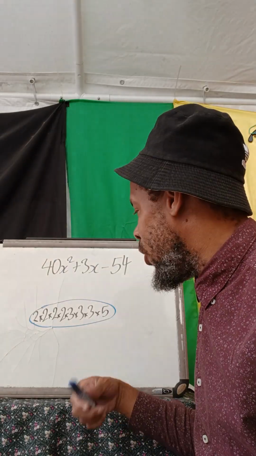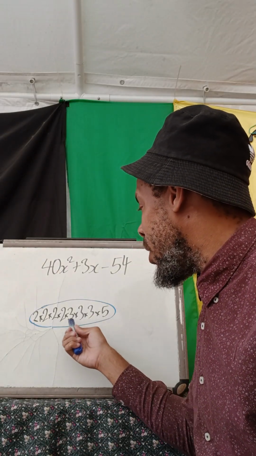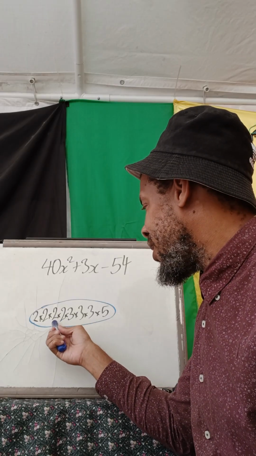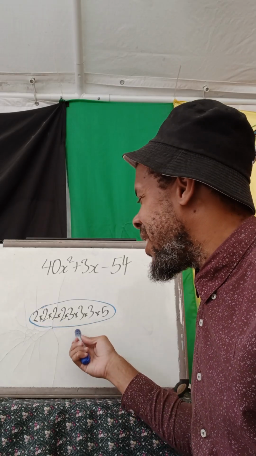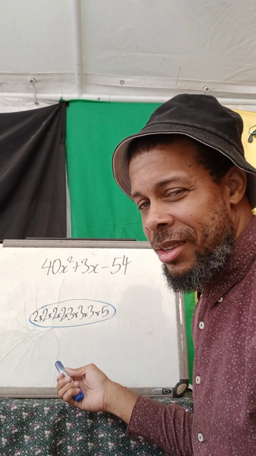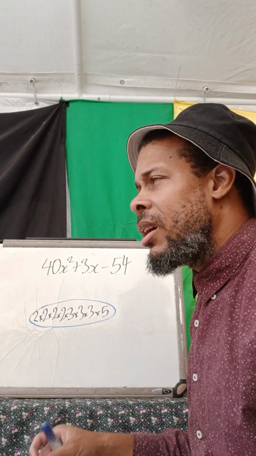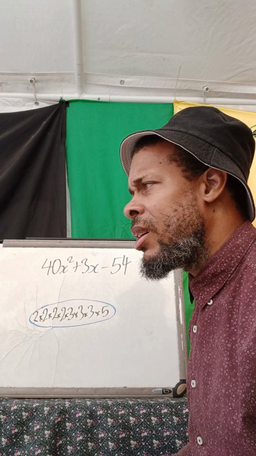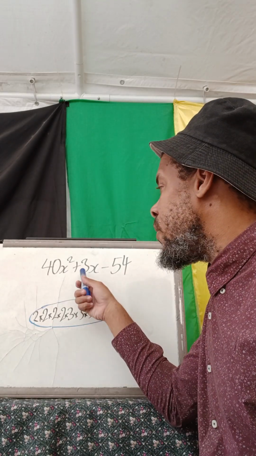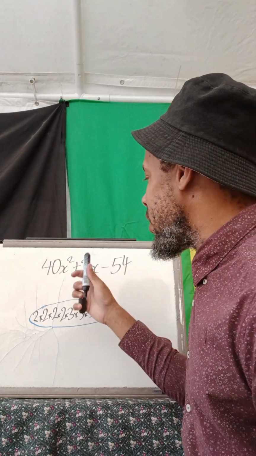So sometimes we're lucky. Sometimes we take out all the 3's and it works. So it could have been 20 times 2, 40 times 2, 80. 80 minus 27. So if this was 53, in other words, it is possible.